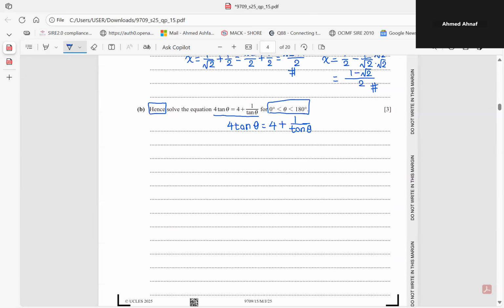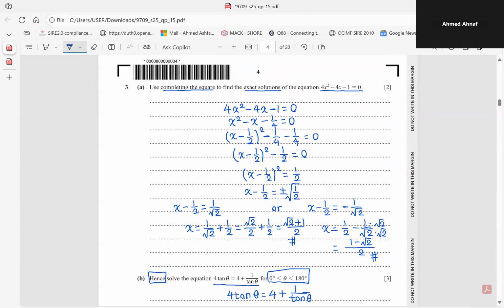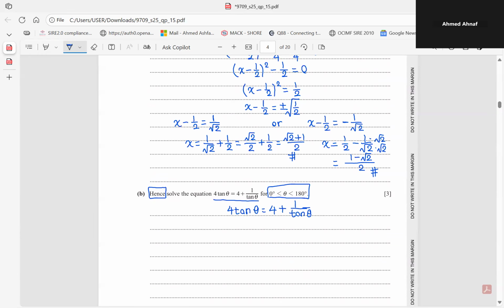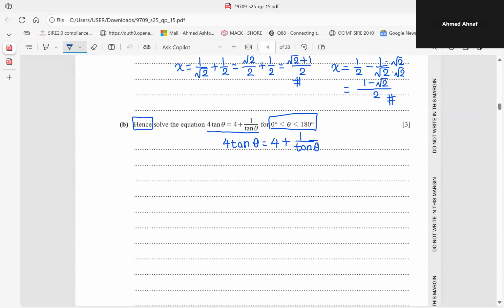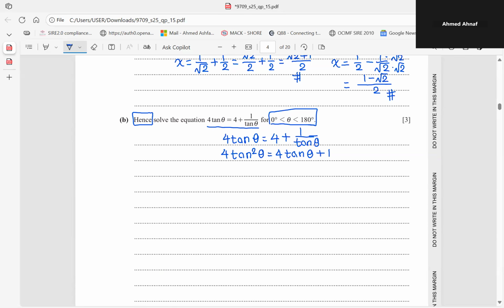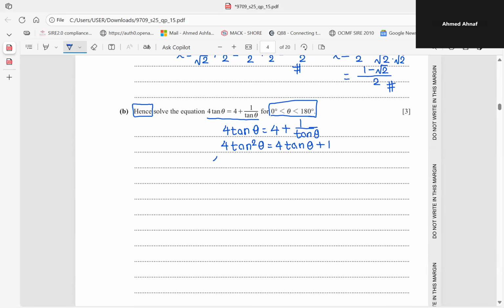Let's first try to make this into a quadratic. So first of all, let's multiply both sides by tangent theta. You'll get tangent squared theta equals to 4 tangent theta plus 1. Now let's move everything to the left-hand side. You would get 4 tangent squared theta minus 4 tangent theta minus 1 equals to 0.